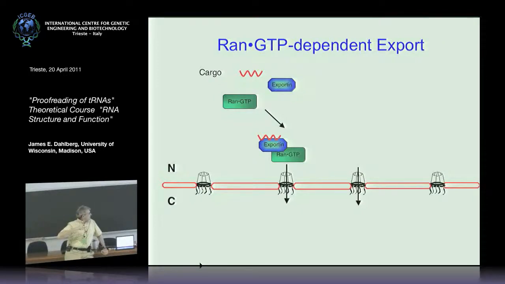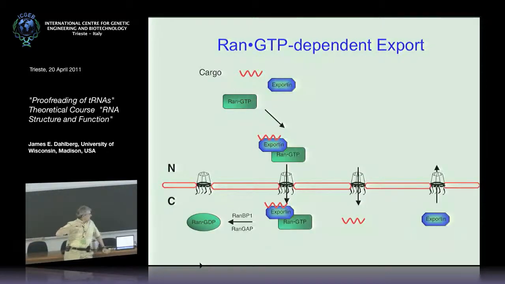It binds GTP, and when it binds GTP, it changes its shape and it can interact with an export receptor, or exportin. And association of the RAN-GTP with the exportin allows the exportin to bind its cargo. And when that happens, then this ternary complex, or actually in this case it would be quaternary if you consider the GTP, is the complex that actually is exported to the cytoplasm.